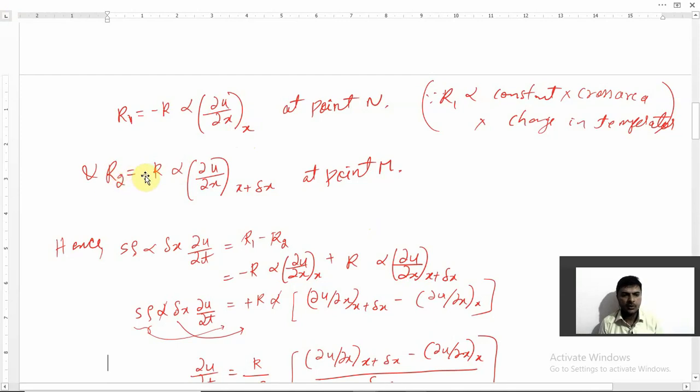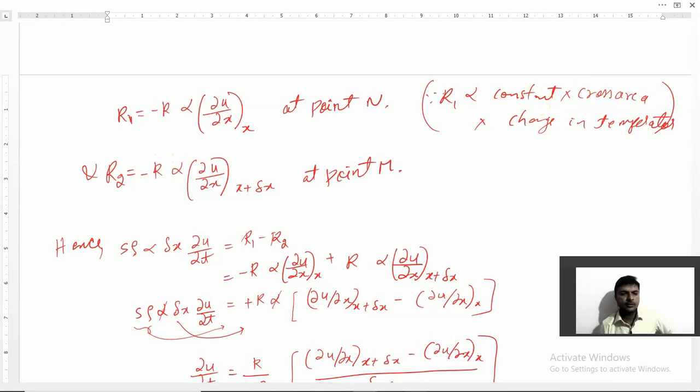Similarly R2 will be equal to minus R. Again remember this proportionality constant, the specific heat constant. Here I take minus R, which is negative, the opposite direction of the temperature, because as length increases temperature decreases.